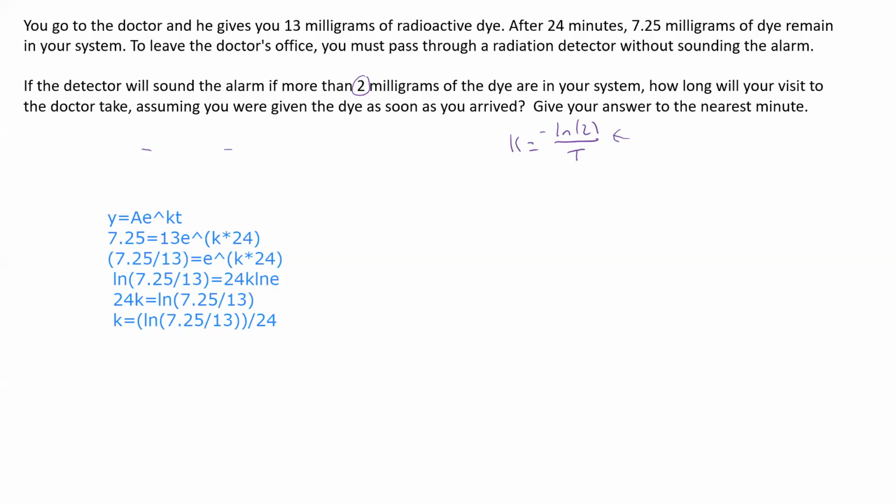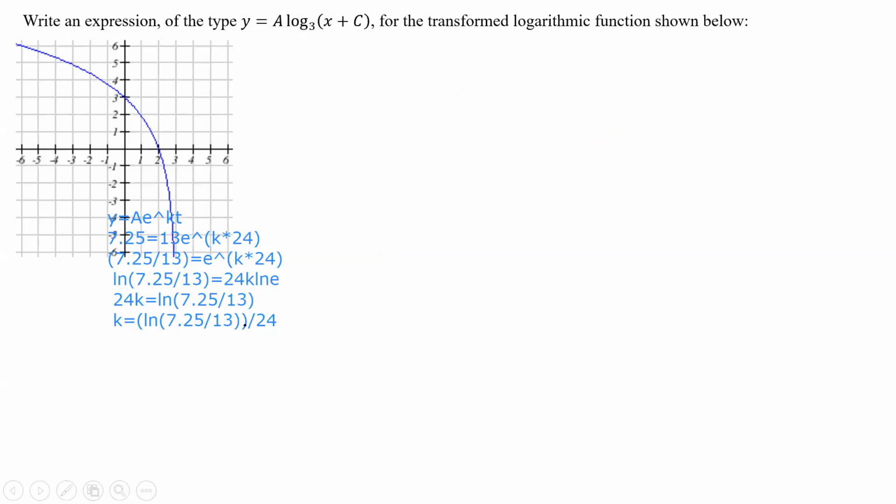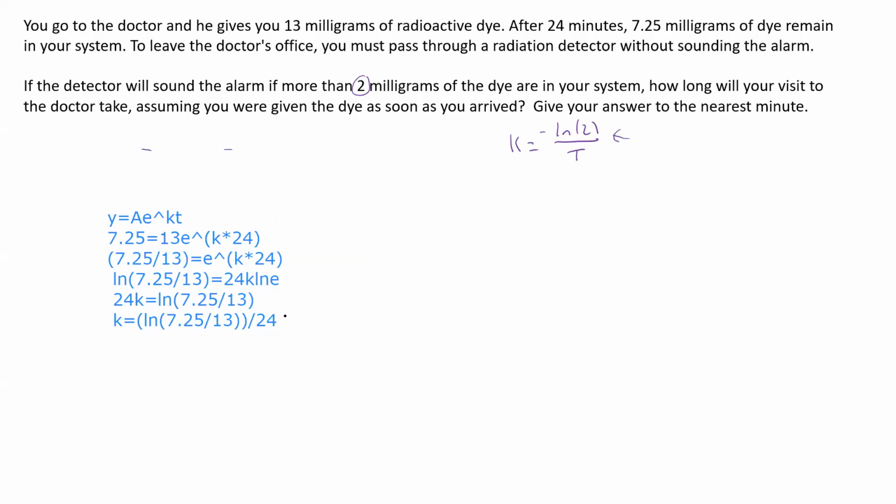Wait, what do you mean? What's my answer to K? Isn't that K? Or do I need a more specific number? Well, you can usually wait till the end to do that. When you plug it back in, you're just going to have something bigger. So I personally would say that's the most correct answer, the accurate answer as far as it's the exact.